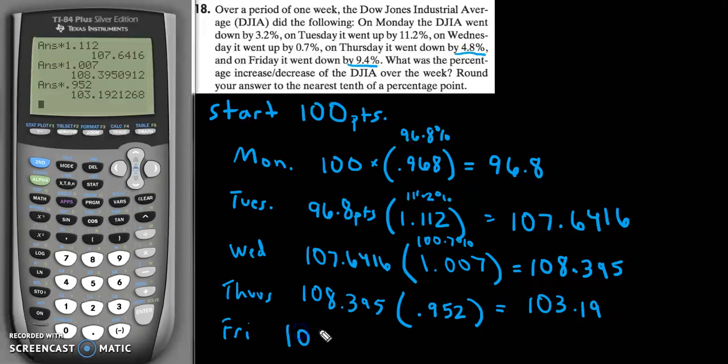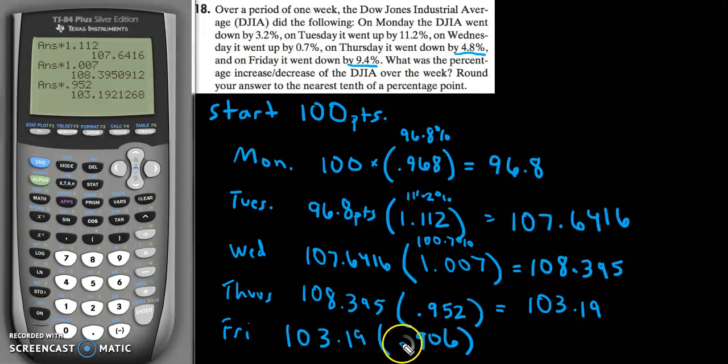Okay, so then finally Friday, it started out being worth 103-ish points, and it went down by 9.4%, which leaves you with 90.6% left out of 100. And so if I make that a decimal, I just kind of picture the decimal point, it's normally here for 90.6%.